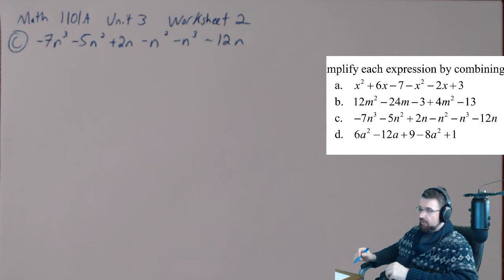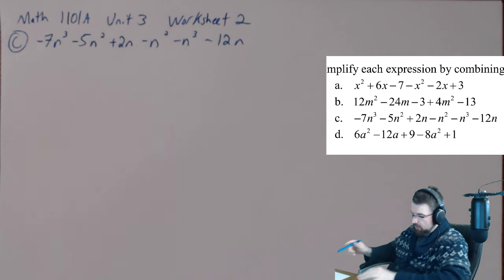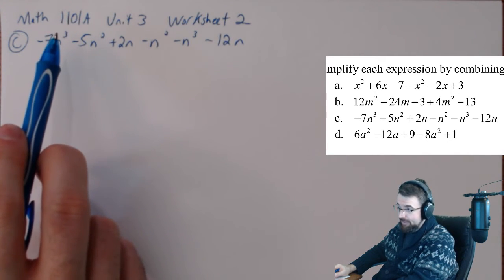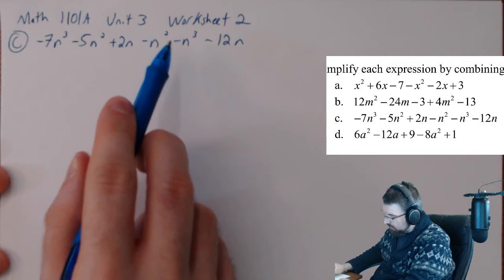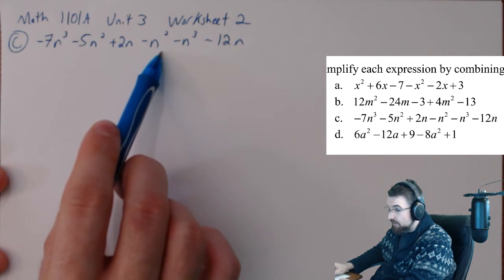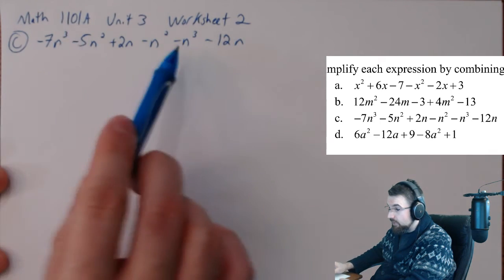They're not like terms. The only way for them to be like terms is to have the same exponents as well as the same variables. So what I'm going to do is rewrite these to group the terms together by whether they're like terms or not.